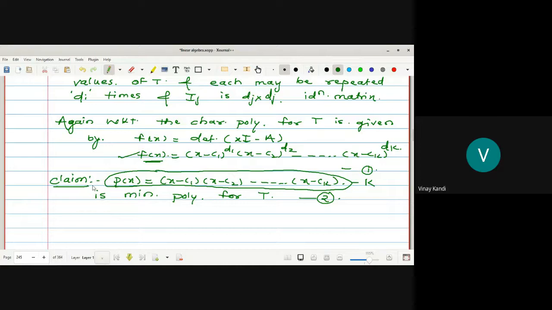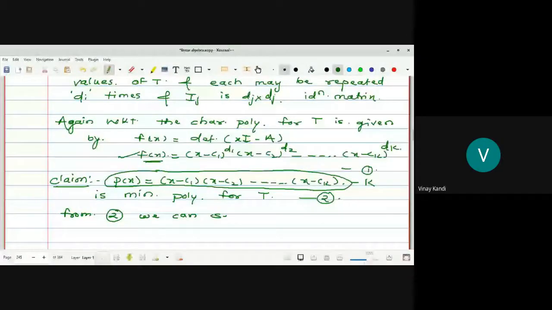From the equation we can see that p of x is the minimal polynomial for T.